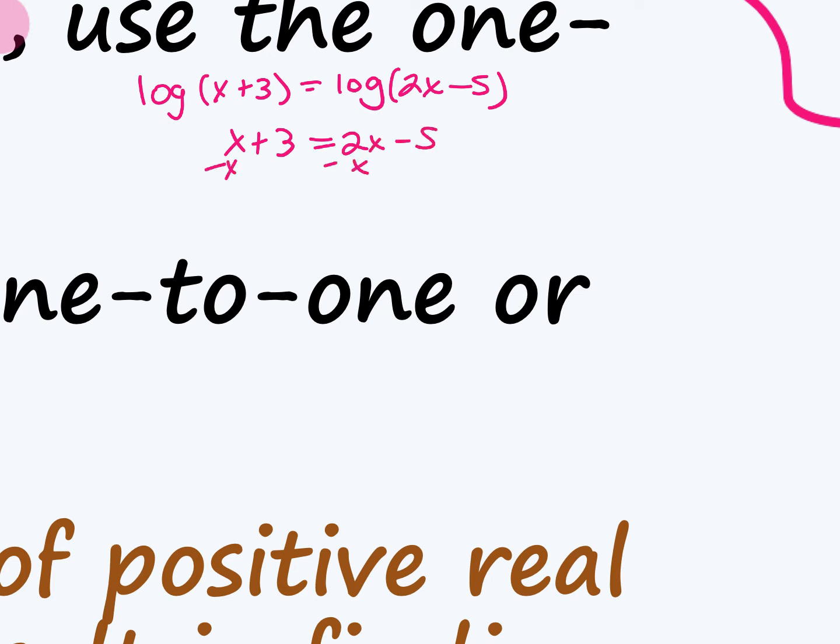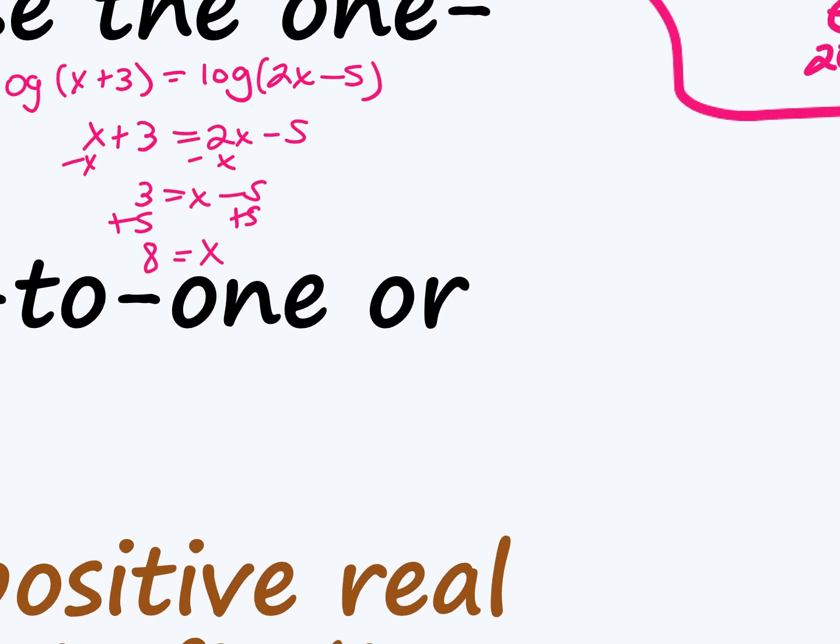Subtract the x, add the 5. Same exact thing would happen if those were both ln's. If I had ln of x plus 3 equals ln of 2x minus 5, I'd get the same answer, as long as it's the same log on either side of the equal sign.